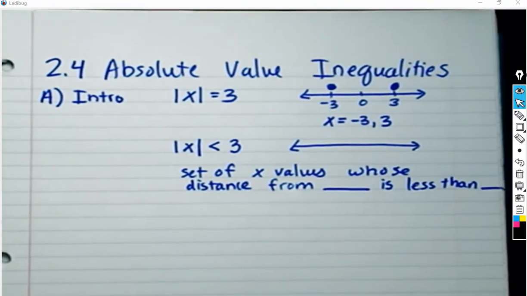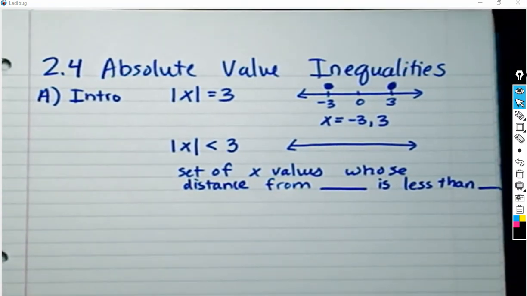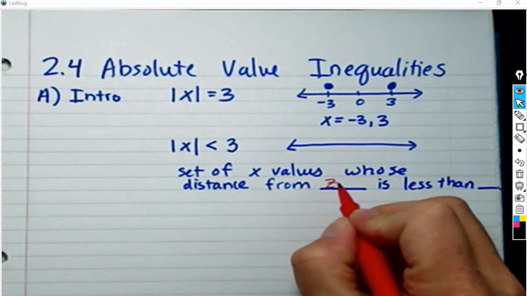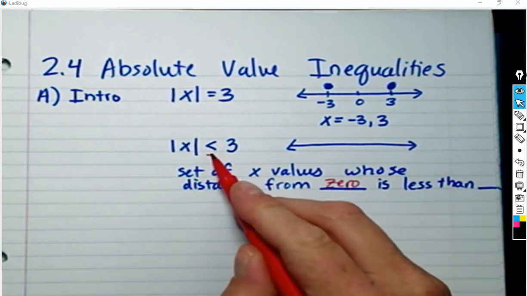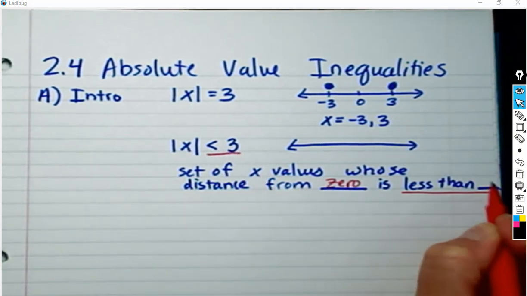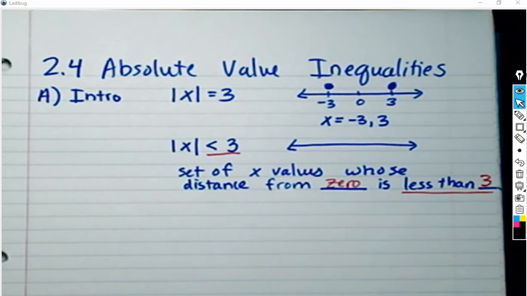Okay, less than. So the distance from 0 is less than 3.